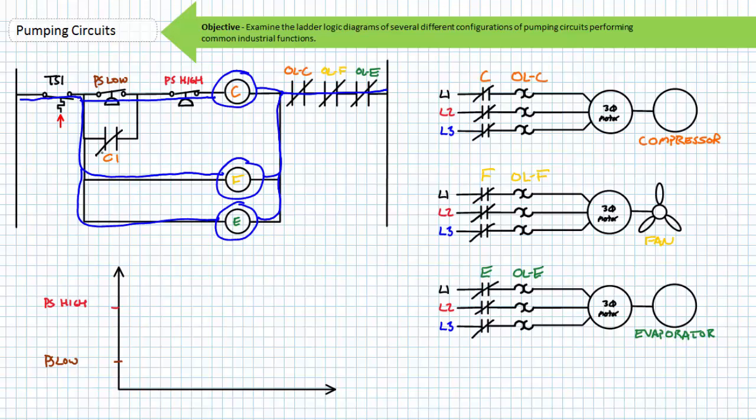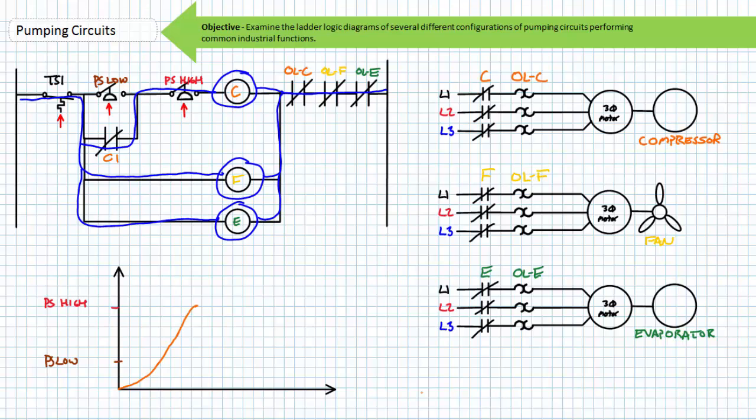The primary C contactor would close, as would the auxiliary contact C1. Note as pressure rises, it will eventually surpass that of the PS low set point. PS low opens, however, the now closed C1 holding contact in parallel with it keeps the compressor contactor coil C energized until pressure reaches that of the PS high set point.